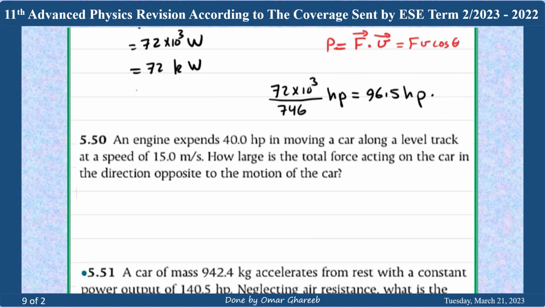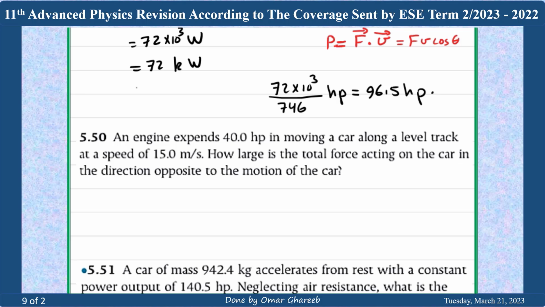Now the second question is, an engine expends 4 horsepower. Forget what horsepower is; again, let us put it in a formal way. 1 horsepower equals 746 watts, or it is almost 3/4 of a kilowatt.